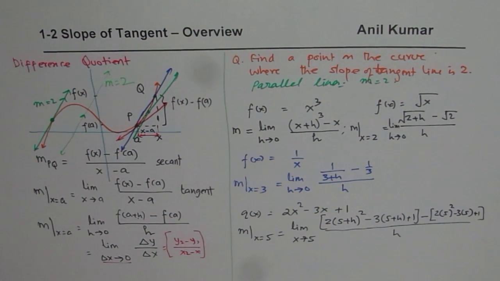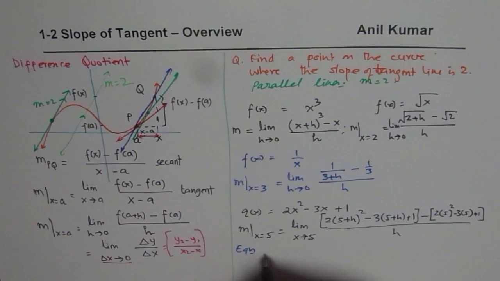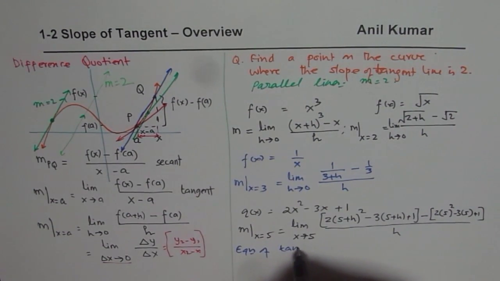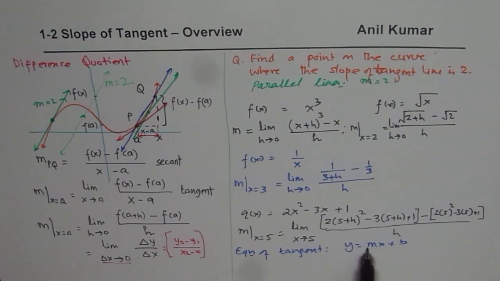Now there were a few questions in which we found the slope of the tangent line and then the equation of the tangent line. If the question asks for the equation of the tangent line, you can use the form y equals mx plus b. You know the point, so you know the x and y values. You have got the slope from there, so you can substitute, get the y-intercept, and then write the equation of the line.